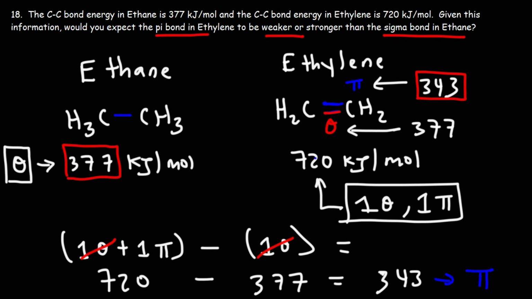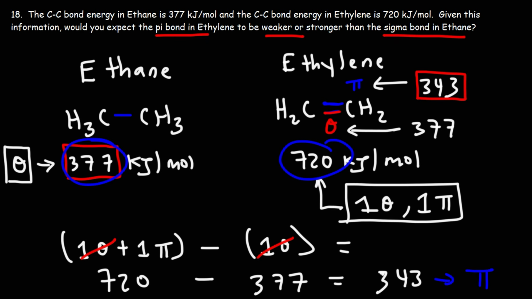Because if we take the energy for the sigma and the pi bond in ethylene and subtract the energy for the sigma bond, we should get an estimation of the pi bond, and that's less than what we see for the sigma bond. So if you ever get a test question, just remember, if you're comparing just one pi bond with one sigma bond, generally speaking, the pi bond is weaker than the sigma bond.